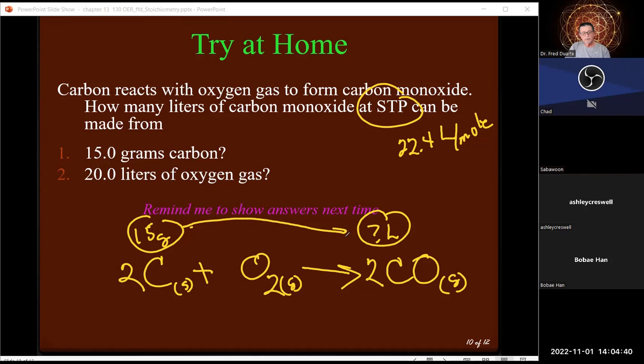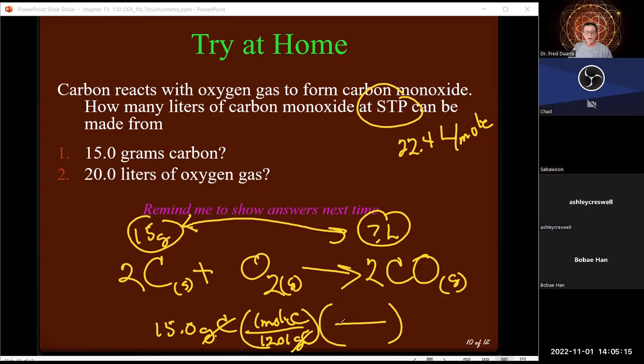So that's our relationship between carbon and carbon monoxide, which is a 2-to-2 or 1-to-1 relationship. So, 15.0 grams of carbon. Okay, we need to get to moles of carbon. So we know that 1 mole of carbon is 12.01 grams. Okay, the atomic weight. So that gets us into moles of carbon.